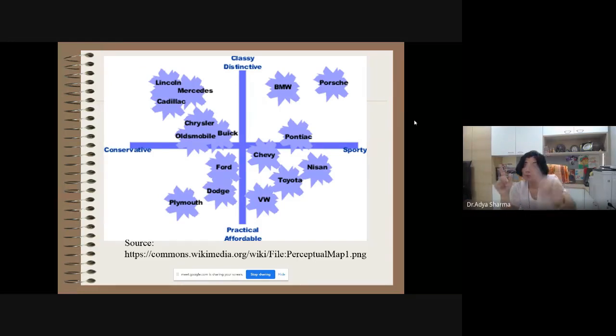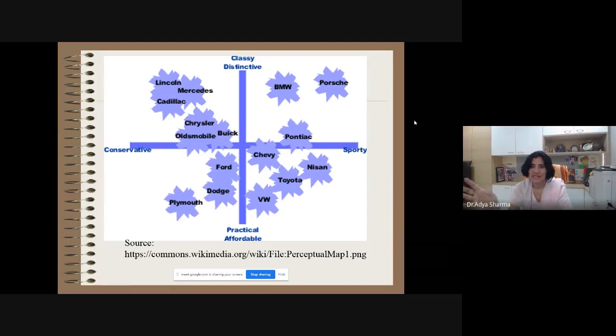On the other hand, Mercedes, according to this perceptual map, is also classy, distinctive. They're almost at the same level. However, it is more towards the conservative side, which means while Mercedes maybe is for slightly elder people, maybe BMW is for more younger people, according to this perceptual map.